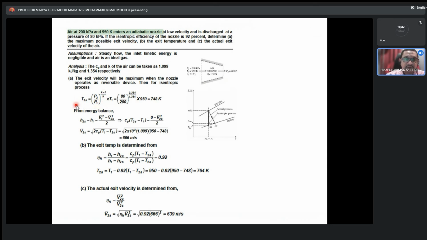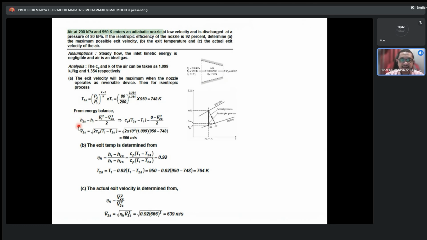Why do I use this? Because this is the only one you know in the question. So from here you will get the T at state number 2. T at state number 2 for isentropic is 748 kelvins.